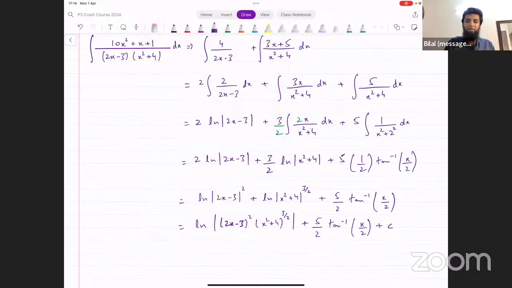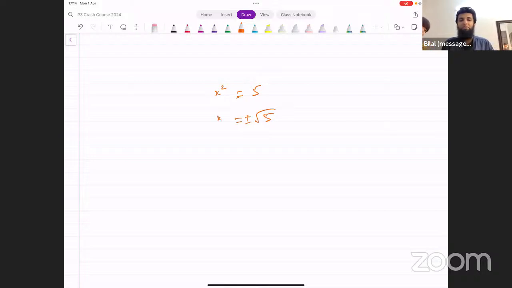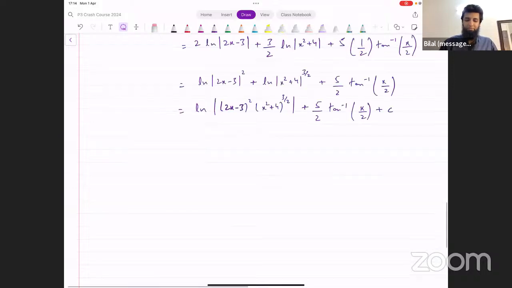In this case, we have some expression. So let's say we have 5. You can't say that just take under root of 5 like this. These are two different expressions, right? 5 is different, under root 5 is different. If it was like this, x square equals 5, then you could take square root on both sides and you would say x equals plus minus under root 5. That would make sense. In equations, that makes sense, but you can't do that in an expression like this. Okay. Okay, sir.